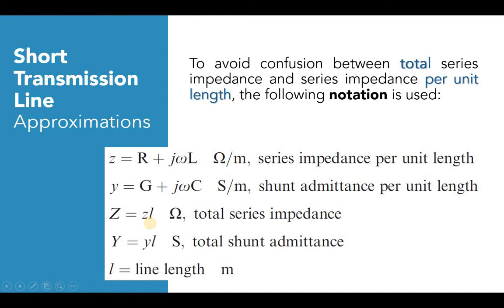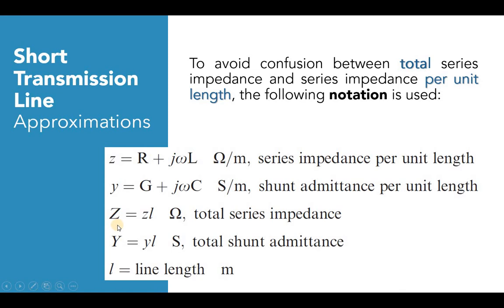So from small z, which is ohm per meter, multiplied by the line length, which is in meters, will give us the ohm. Okay, so that is small z and capital Z.